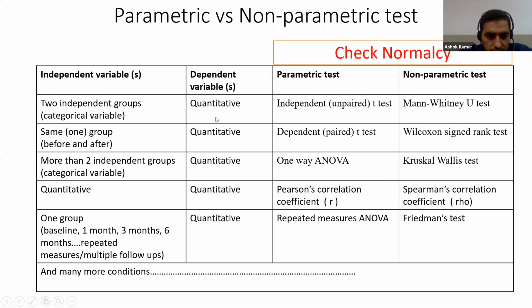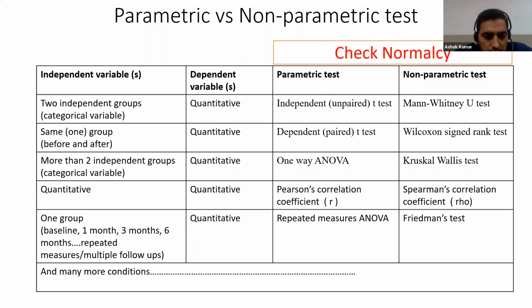Today we will also discuss Pearson correlation and Spearman correlation. Here the independent variable is quantitative and the dependent variable is quantitative also. We want to see some relationship, for example, height and weight, how height affects the weight of the subject.